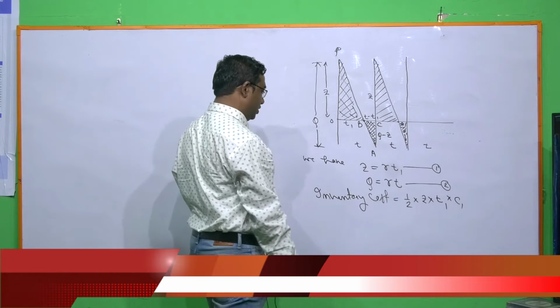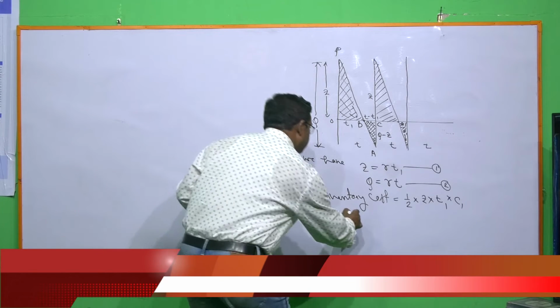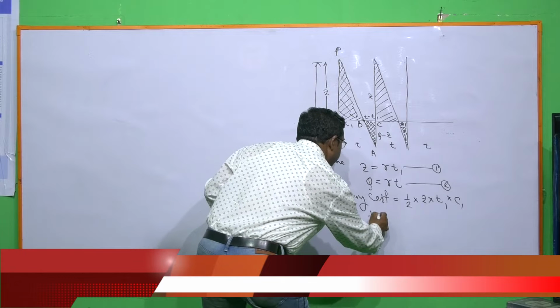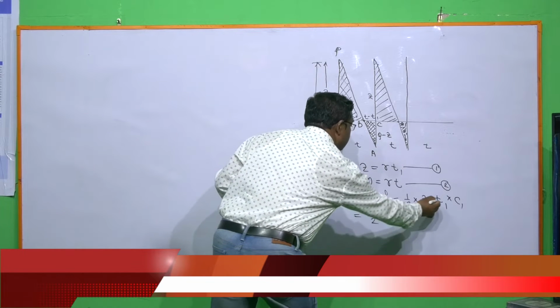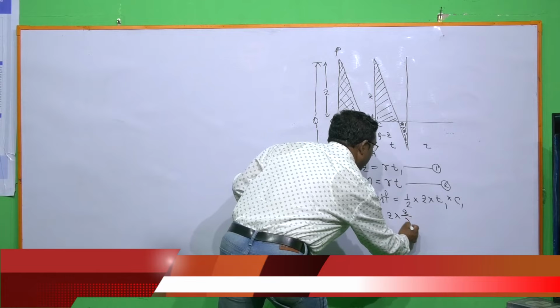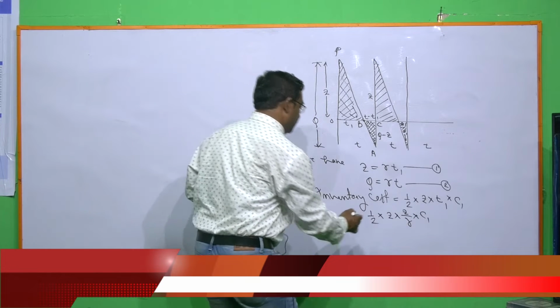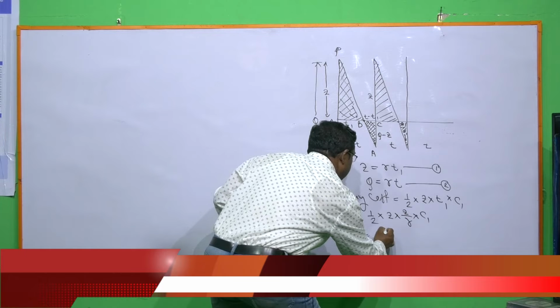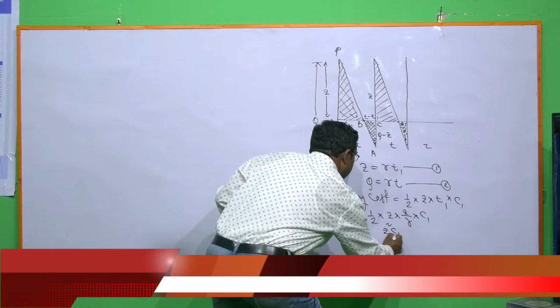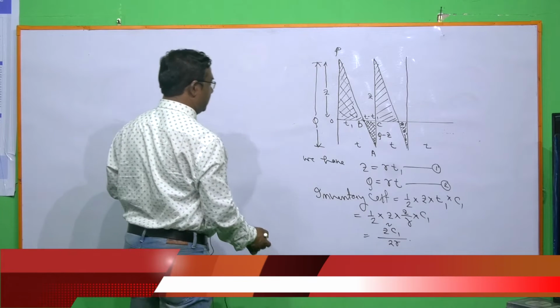C1 is the inventory holding cost per unit item. This is half Z, and the value of T1 is Z by R. So this is equal to Z square C1 by 2R. This is the inventory cost.